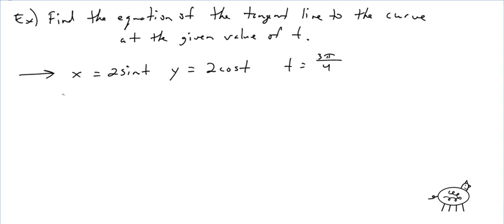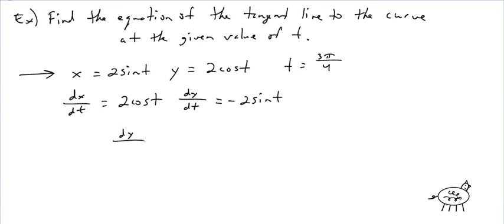That's pretty easy. We're just going to do dx dt. Don't do product rule here, math fans. It's 2 times, in this case, 2 cosine of t, and dy dt is, derivative of cosine is negative sine, so negative 2 sine of t.